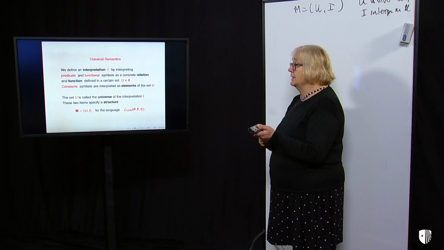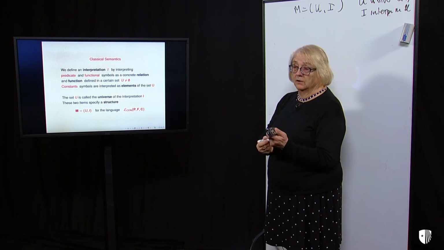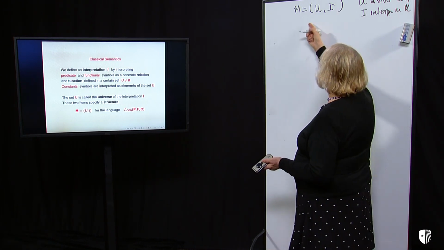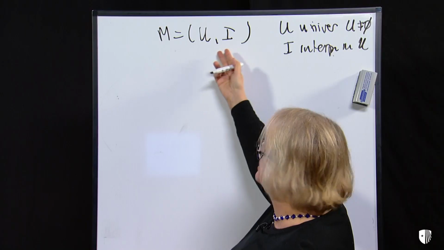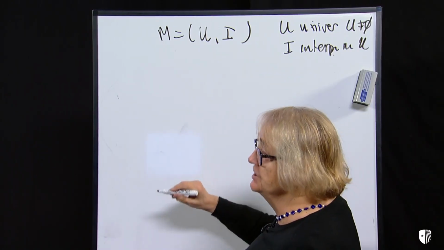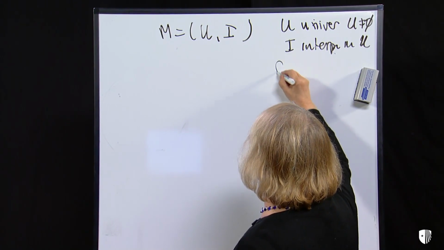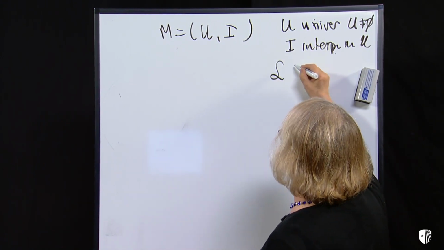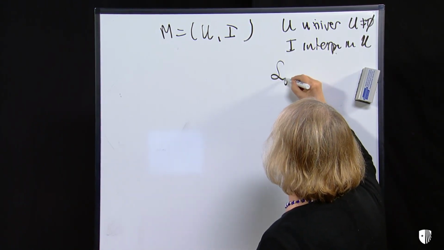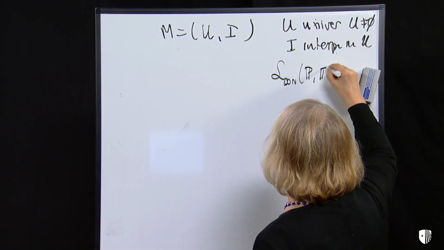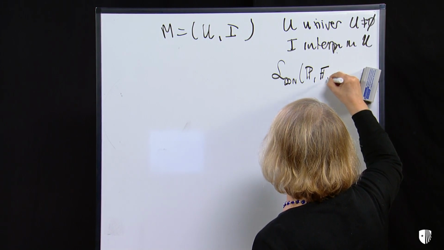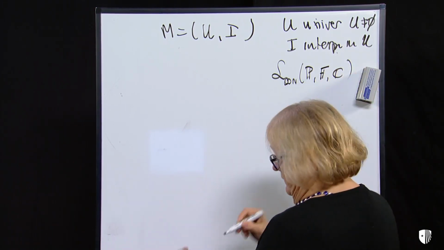And that's what we're going to define: satisfaction and truthfulness in terms of a structure and interpretation. And of course, we have our language, which has our connectives and our P, F, and C, right?